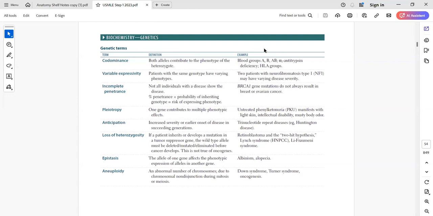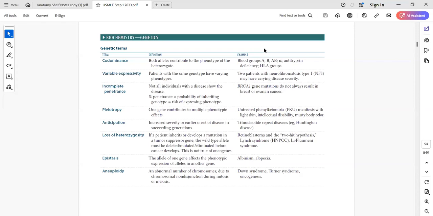If you want to write it down, you can. So in variable expressivity, there would be the same genotype but varying phenotypes. For instance, I have two patients of neurofibromatosis in my clinic, but they're both presenting with different disease severity, right? So what are they expressing?